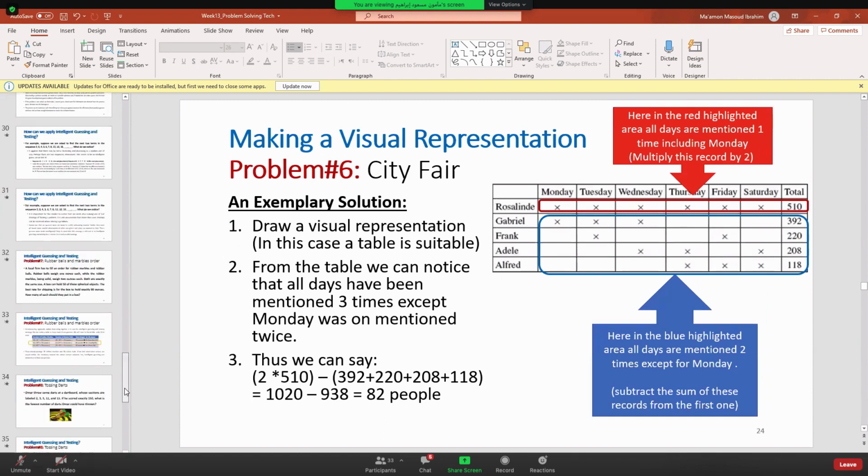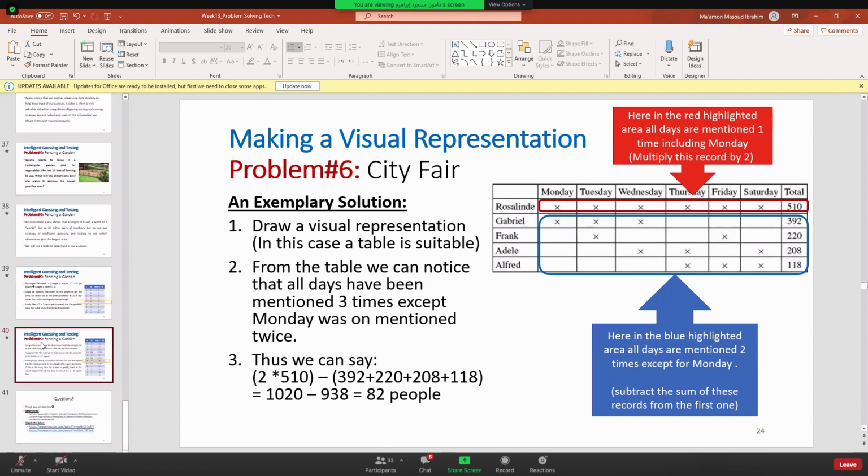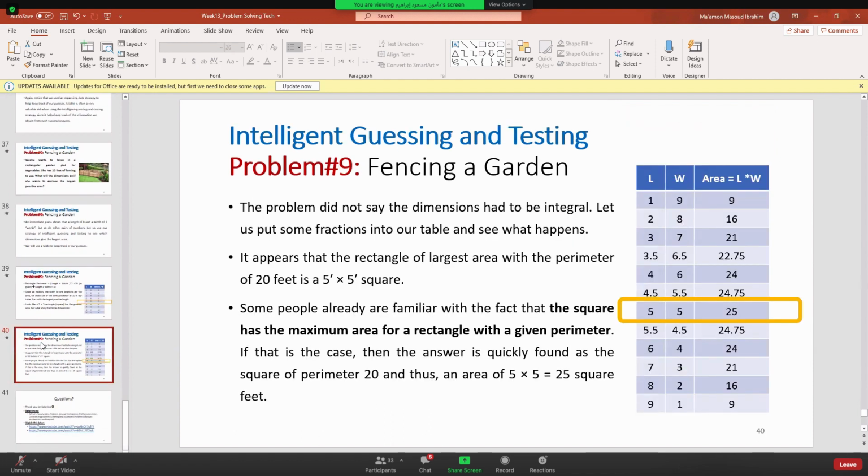Don't forget this strategy. That does not mean you can only use one concept in your problem. You can mix these concepts together, or use more than one strategy or technique, to solve your problem.